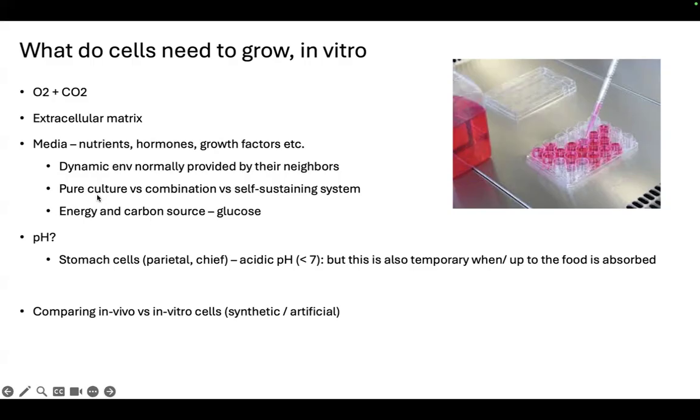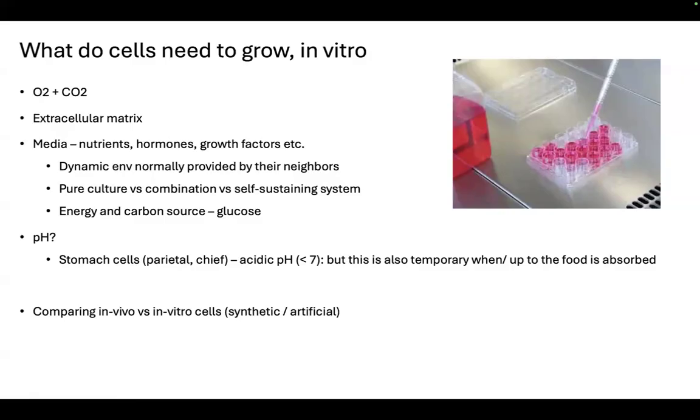So that's where we come to the second point here. When you're talking about one pure culture, let's say cell type A, it needs a particular set of things. Let's say you know exactly what those things are and you're able to provide them. Perfect, fine. Second case, if you have a combination system, maybe you're growing two or three things together. The good part can be that one is going to provide something already, so you don't have to externally provide it.